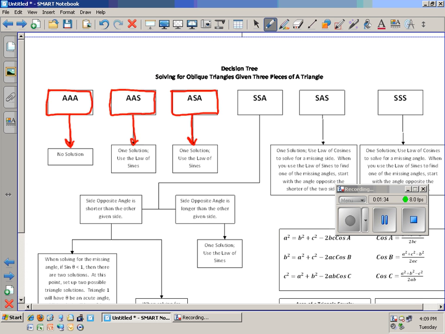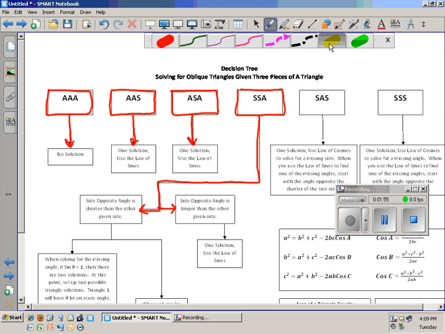So all of these involve having at least two angles. This one involves just having one angle, but two sides where the angle is not included. We need to become very smart when we do this. You follow the decision tree down if that's the case given to you, and you follow it over to either of these two situations. The first suggests that the side opposite the angle is shorter than the other given side, or the side opposite the angle is longer than the other given side.